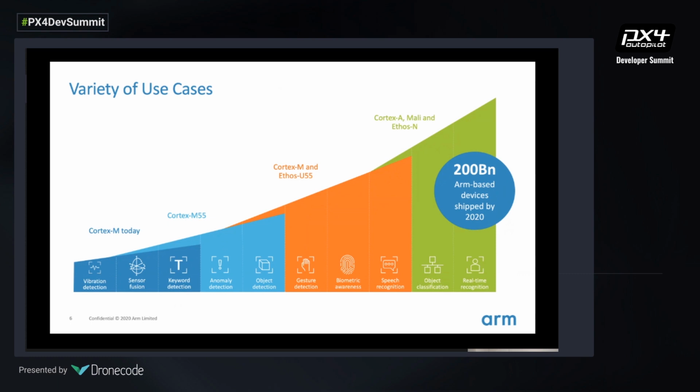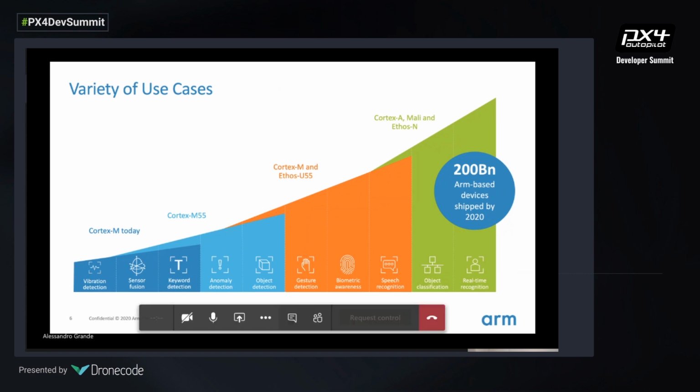So things like vibration detection, sensor fusion, keyword detection, and person detection. So individually detecting whether a person is in the video or not could run efficiently on a really small, constrained device.